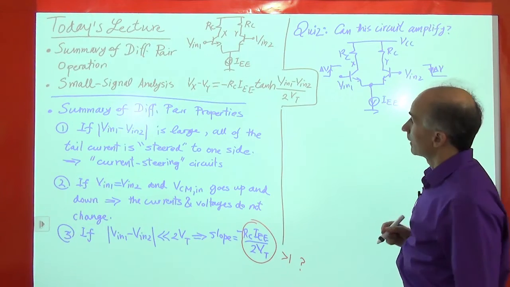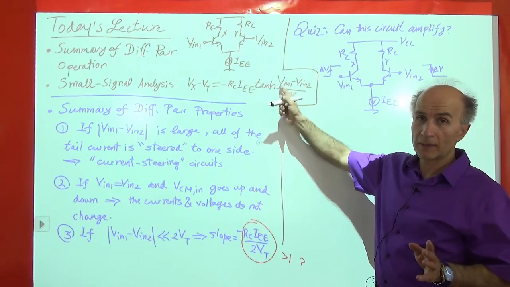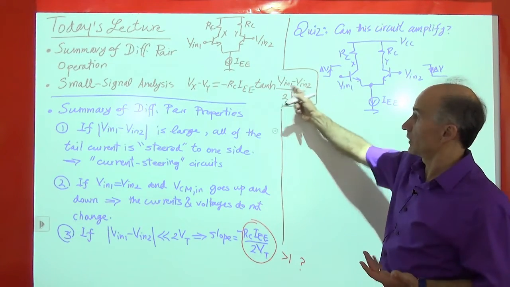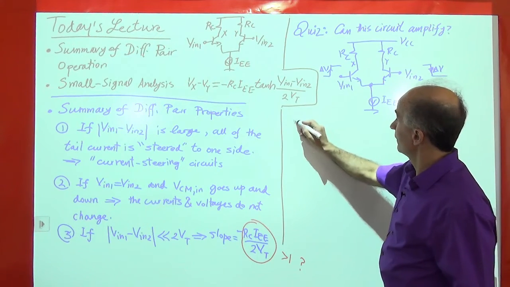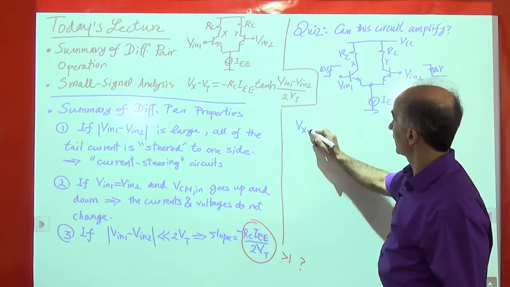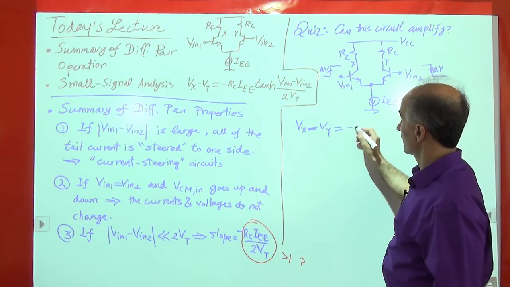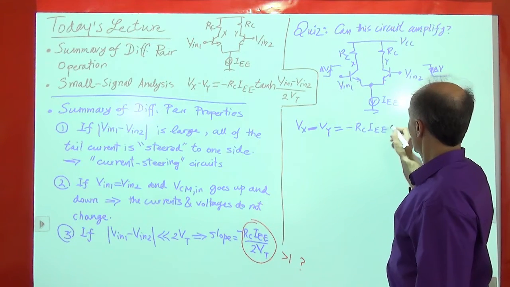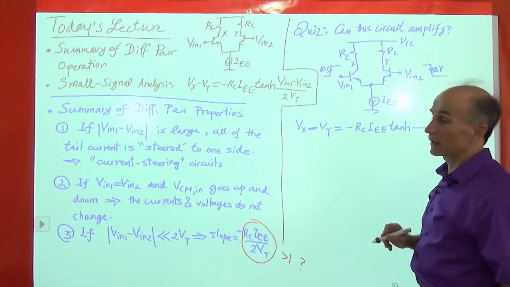All right, well, I know that this equation holds under all conditions as long as V in 1 and V in 2 are, for example, changing like this, right? There's some difference between them. So what I can say is that Vx minus Vy, the differential output voltage, is equal to minus RC IEE hyperbolic tangent of V in 1 minus V in 2.